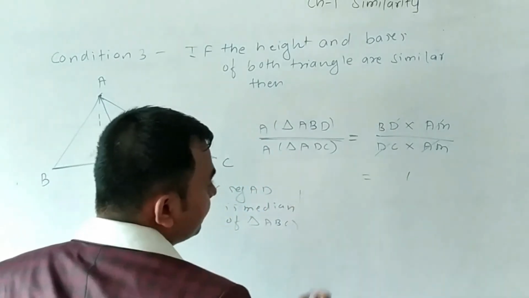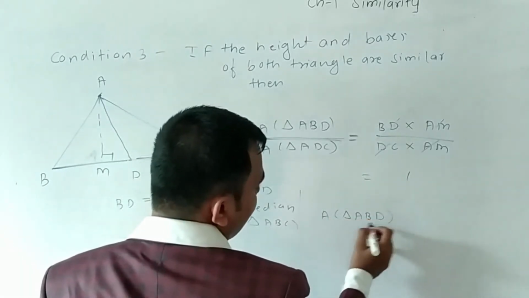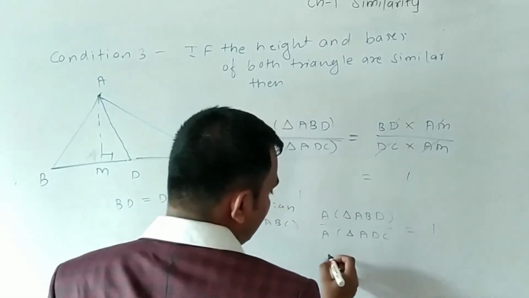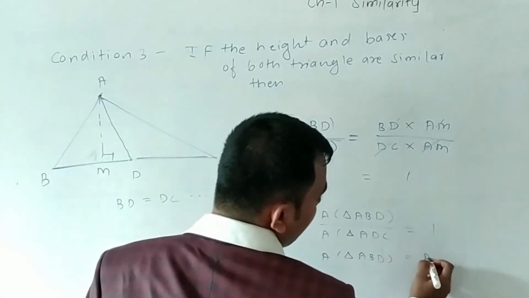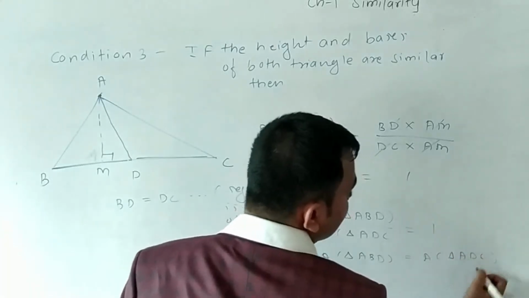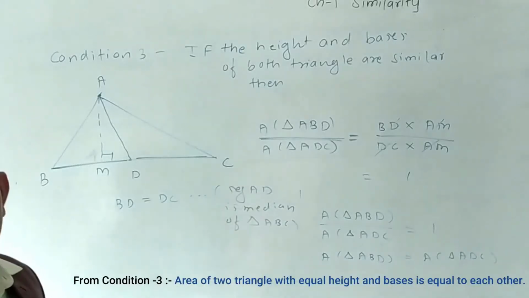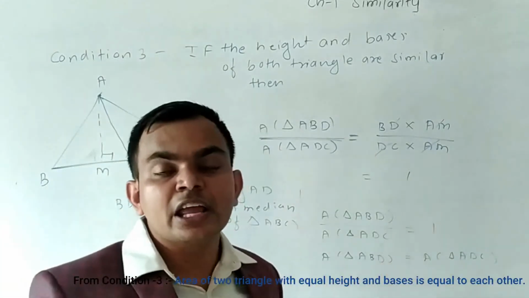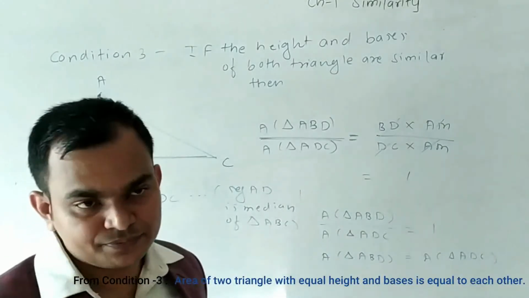So we can say that the area of triangle ABD upon the area of triangle ADC is equal to 1. The area of triangle ABD is equal to the area of triangle ADC. Means when the height and bases of both triangles are similar, then the areas of the two triangles are equal to each other, meaning their ratio is unity.